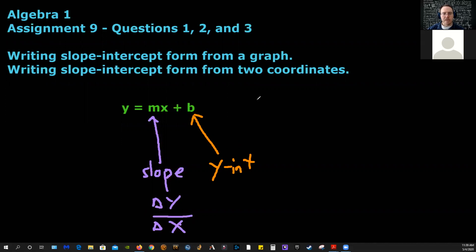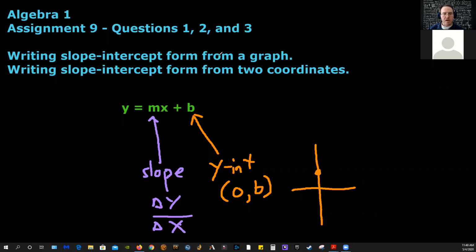And the y-intercept is the y value when x is equal to 0. So basically, if you're looking at the graph, it'll be somewhere on the y-axis. It might be below the origin, above the origin, but it'll be somewhere on the y-axis.